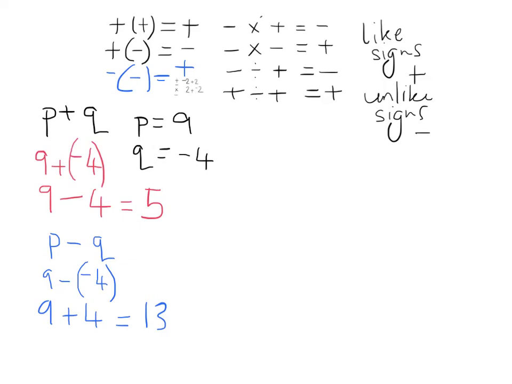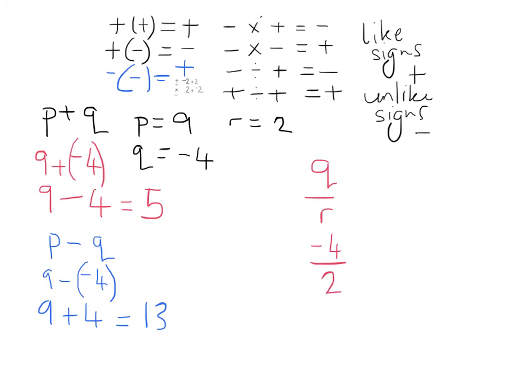Let's have a look at one more example. How about this? We're going to add another variable here. We're going to say r is equal to 2. Okay, so here's what I want you to substitute in for q over r. So we can do that. Let's put them in. We know q is negative 4 and over r, which is 2.